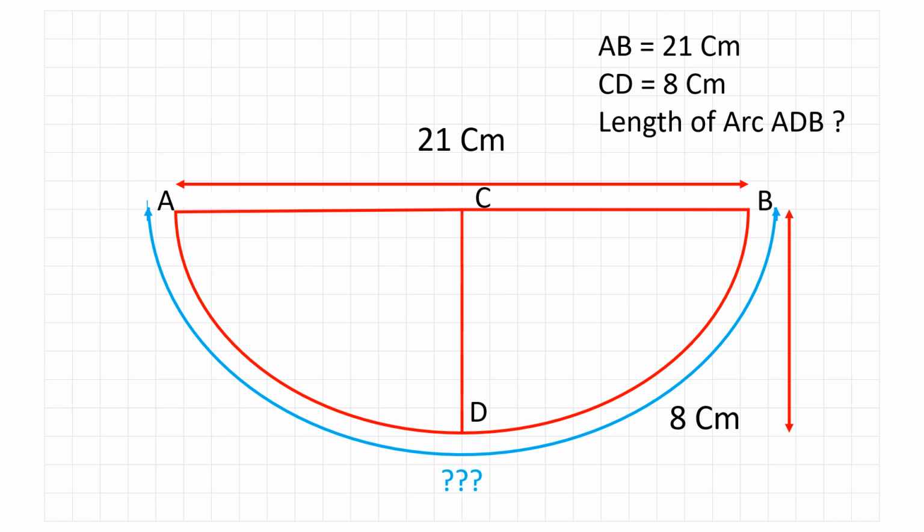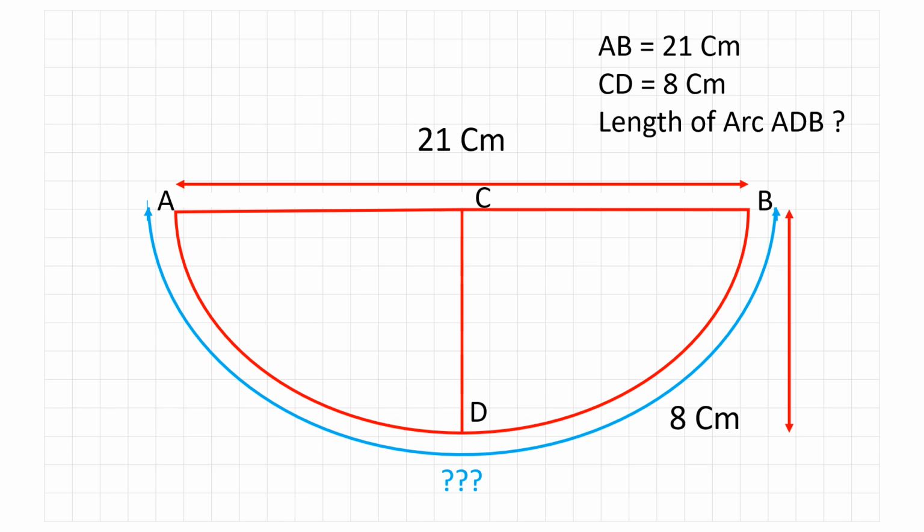If you look at the illustration, we have a neck width of 21 centimeters and a neck drop of 8 centimeters. And we need to know its arc length, while we have no idea what is the radius of this arc. To find the radius of this arc, we will need to understand its geometry.